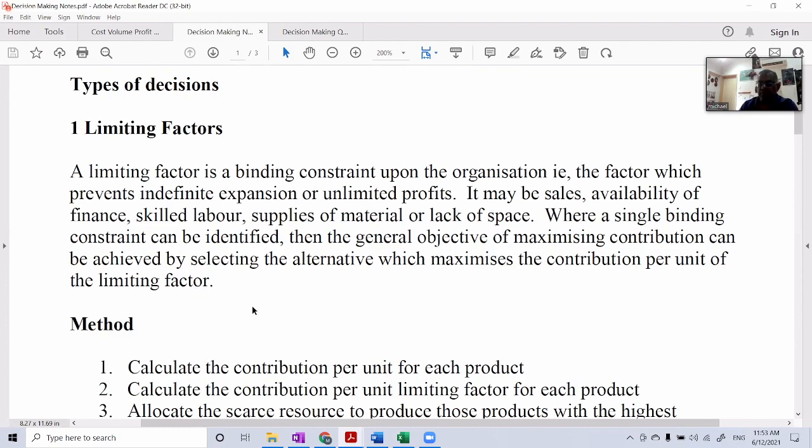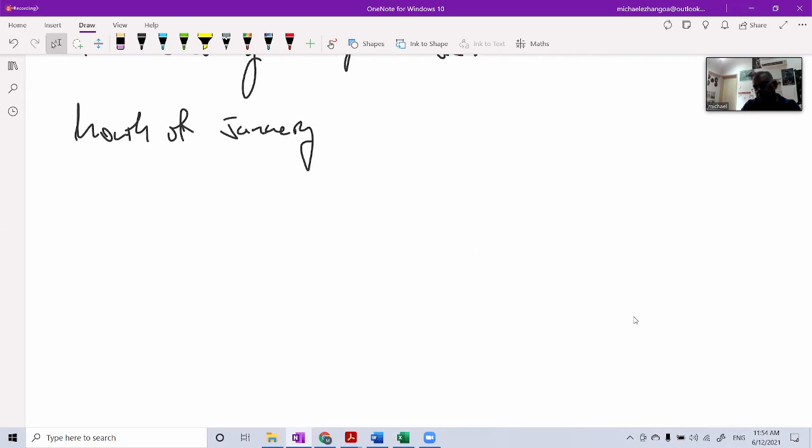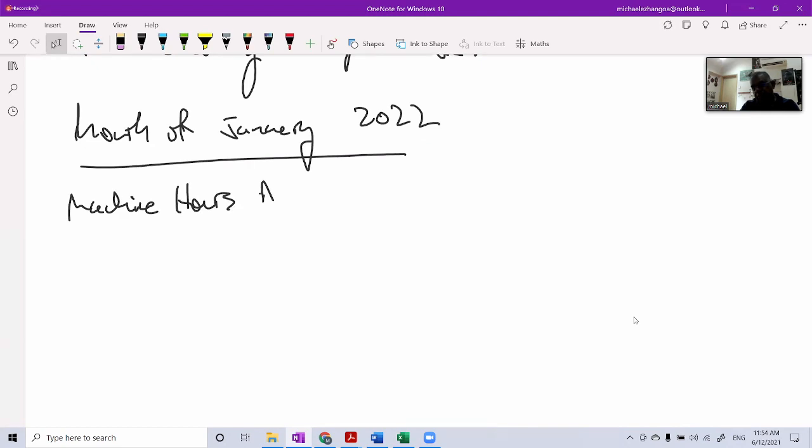All right, so simple example, yeah, simple example. Let's say you are in a particular month, let's say the month of January 2022. Now you have forecast machine hours available of, let's say, 20,000 hours. This is assuming your machines operate at maximum capacity.